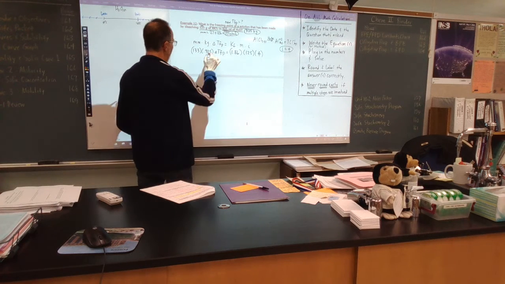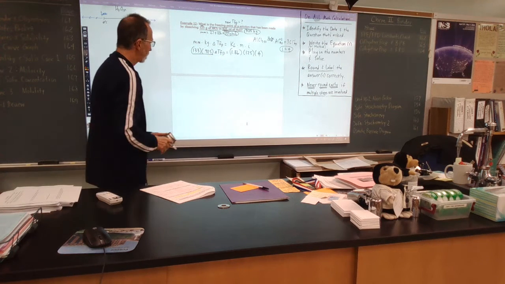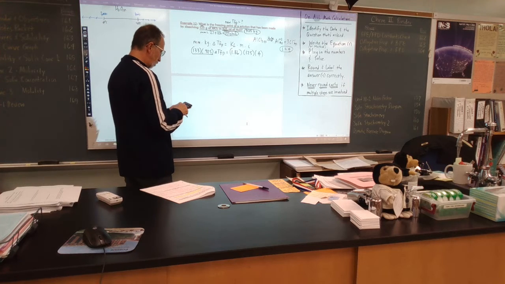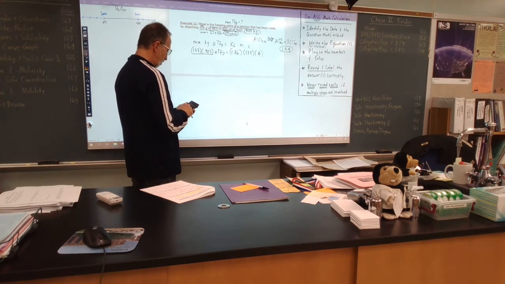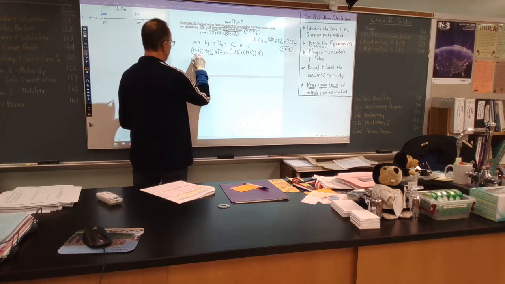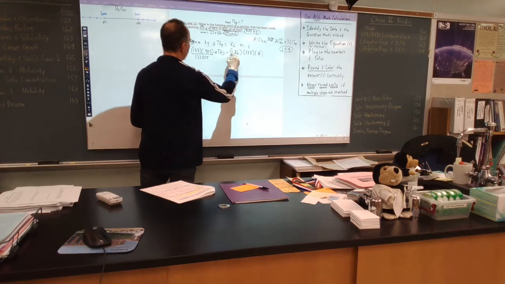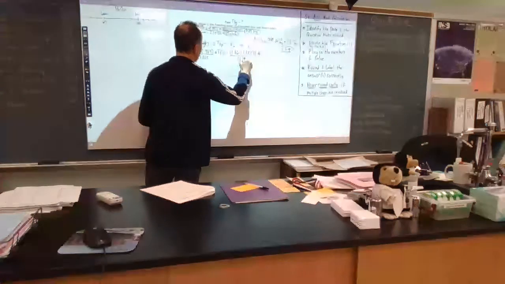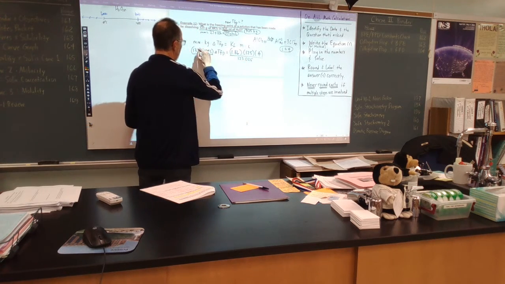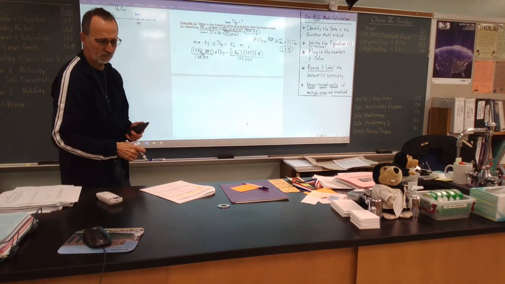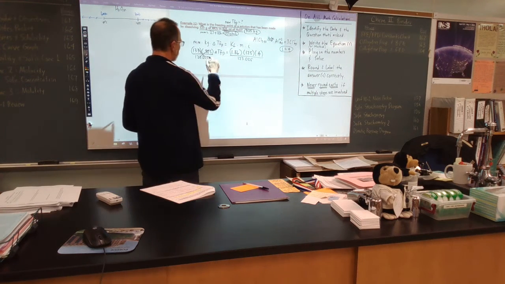So we're going to divide by the product there that's next to the change in freezing point, which would be 133 times 0.925. So we're going to divide both sides by 123.025. On the left side, of course, that will cancel.